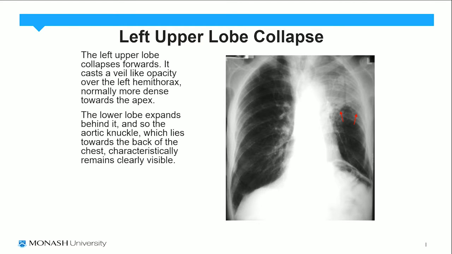With the left upper lobe collapse, the left upper lobe collapses forward, and it casts a veil-like opacity over the left hemithorax. It is normally therefore more dense towards the apex. The lower lobe expands behind it, as well as the aortic knuckle, which lies towards the back of the chest.